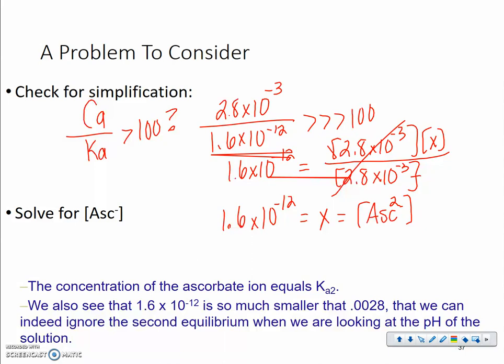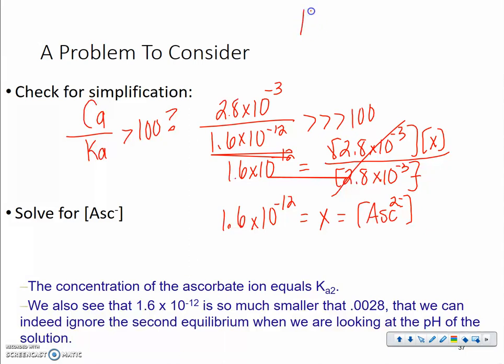So if your two Ka values are significantly different, and your very starting amount of your overall starting diprotic acid concentration is not extremely small, then typically you will always see these assumptions. You can consider only the first reaction for the pH or for your H3O plus, and your anion formed from your second reaction is going to be equal to your Ka2, but only if those two things are true.